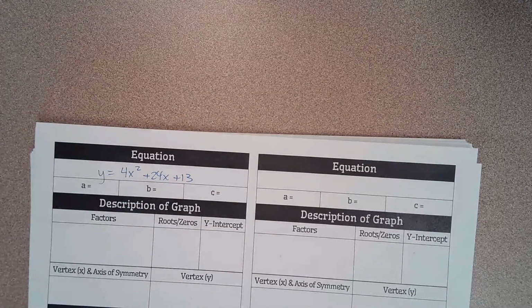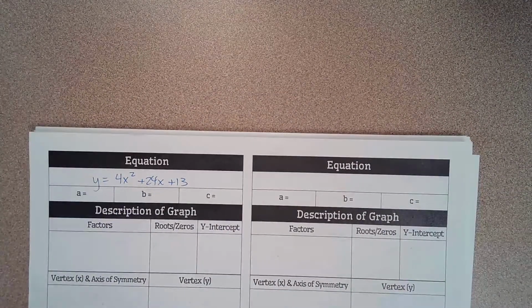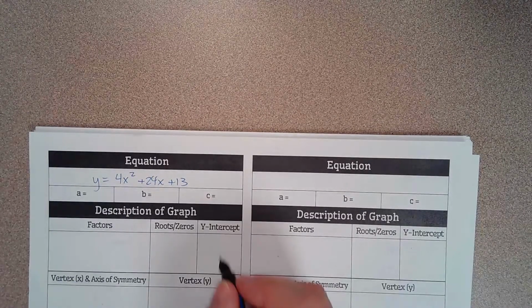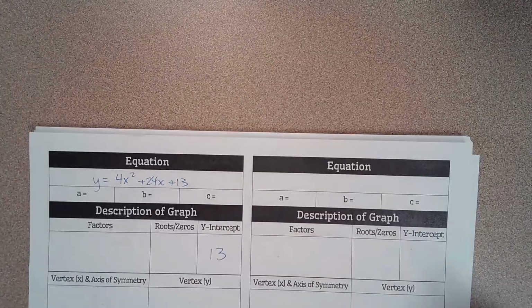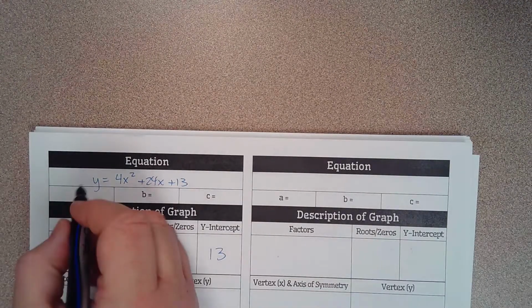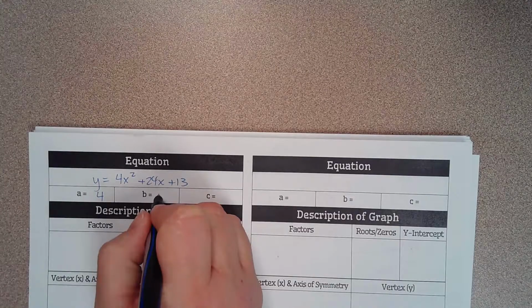Now there's some tricks you should know. Y-intercept is really easy. Put 0 in for the x, and automatically the only thing that doesn't cancel out is the last one. So we know that the y-intercept is 13. We know it's opening up because it's got a positive 4 on it. I also know that a is 4, b is 24, and c is 13.